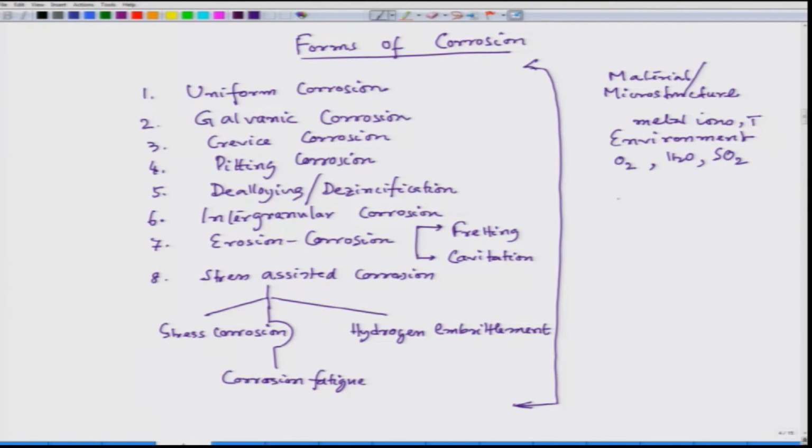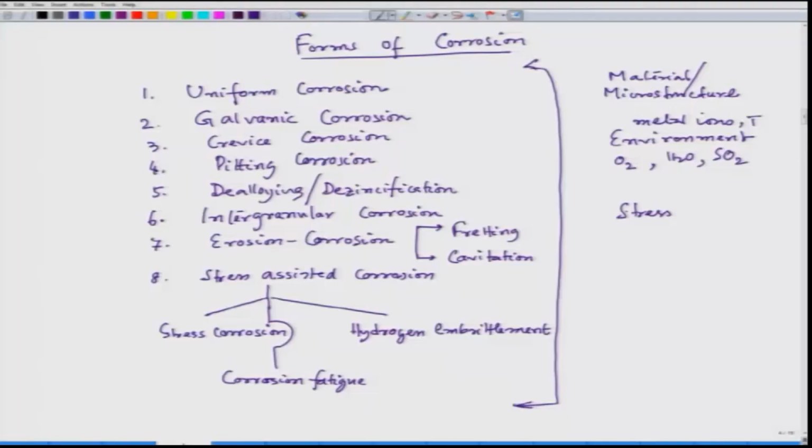Then we have of course stress. Stress is important when we talk about stress assisted corrosion. One particular example we have put forth is the silver bridge. People said that the reason behind the crumbling of the silver bridge was stress corrosion and corrosion fatigue.